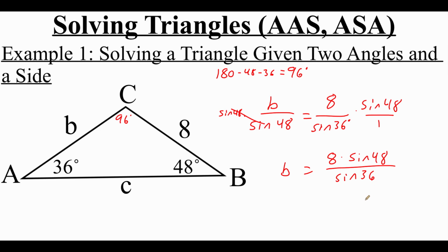Now we should be able to type this into our calculator. We do have to be a little bit careful though, because these are degree angles. We need to make sure that we switch our calculator into degree mode. I'm going to go to two decimal places on my answer. So if I take 8 times the sine of 48 and divide that by the sine of 36, we should get our b side to be about 10.11.